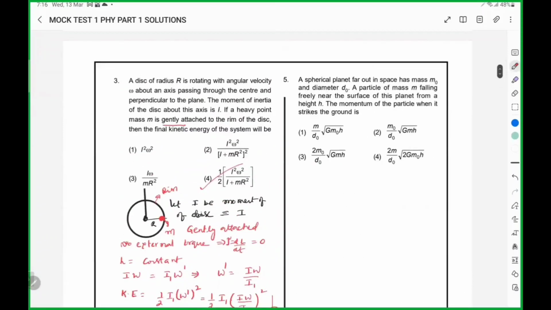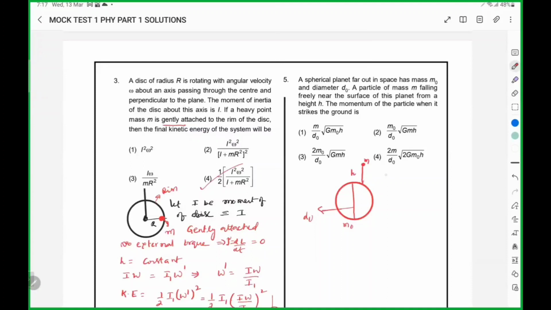So here a spherical planet far off in space has a mass M naught and a diameter D naught. A particle of mass m falling freely near the surface of the planet from a height h: the momentum of the particle when it strikes the ground.